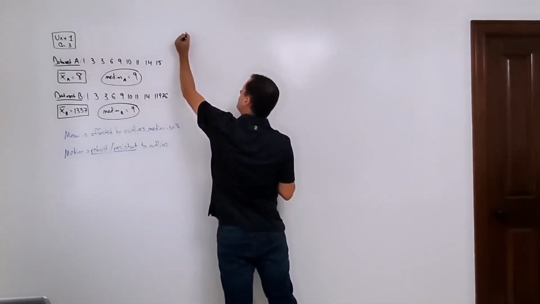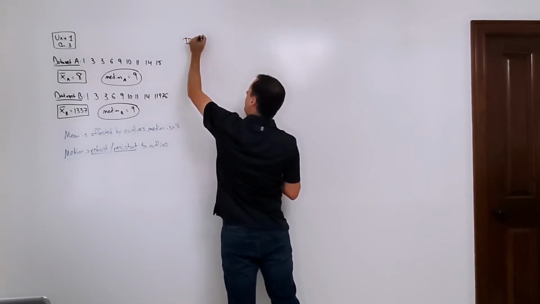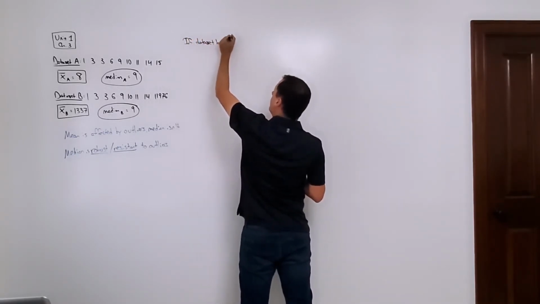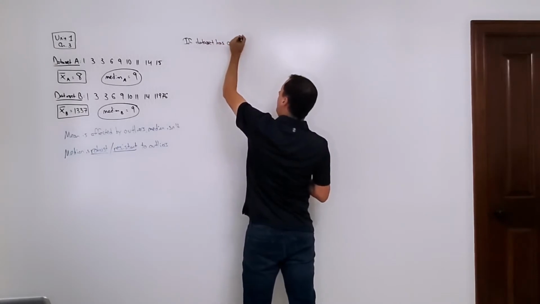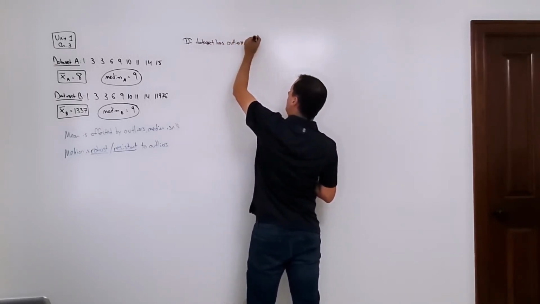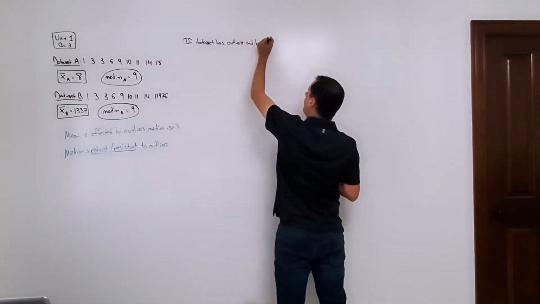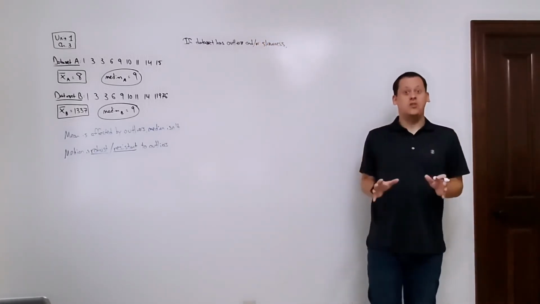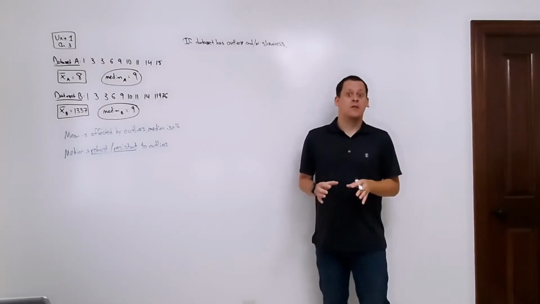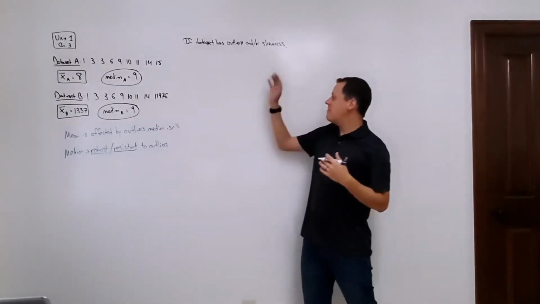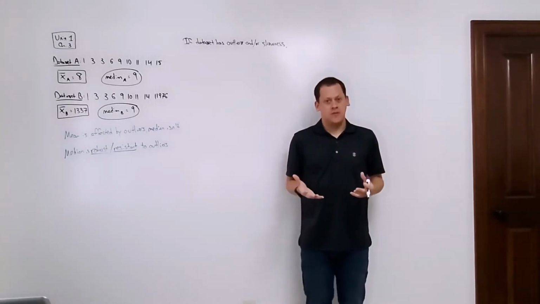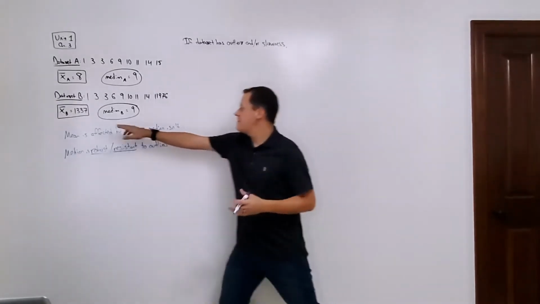If a data set has outliers and/or is skewed one way or the other. Okay, so it doesn't necessarily have to have outliers for the median to be good. If the data set is skewed, we also have this type of issue.